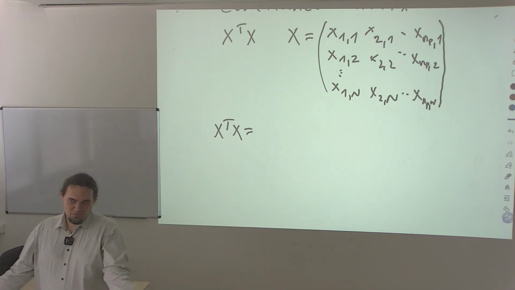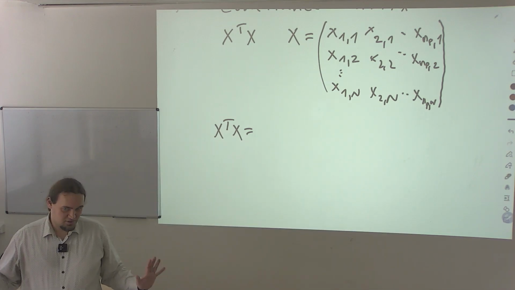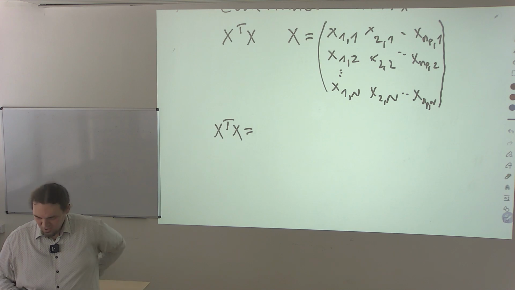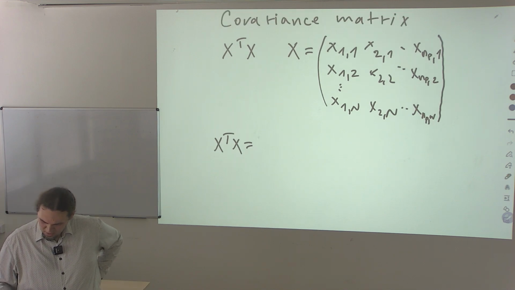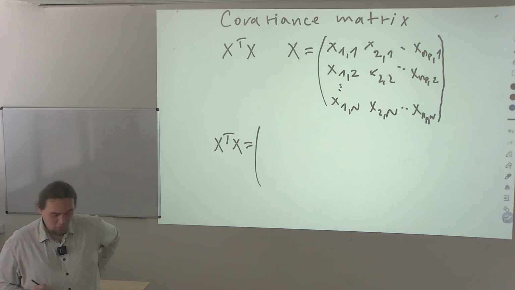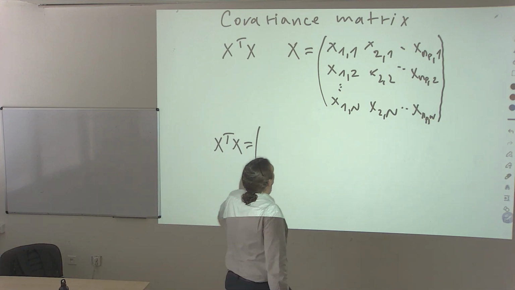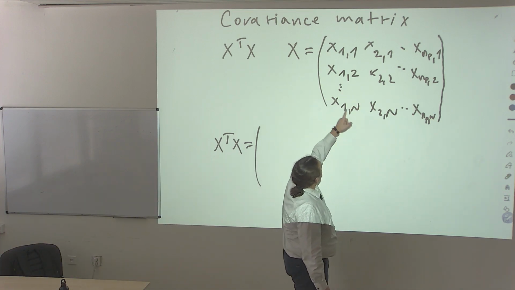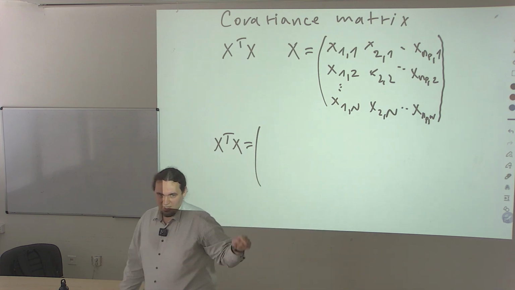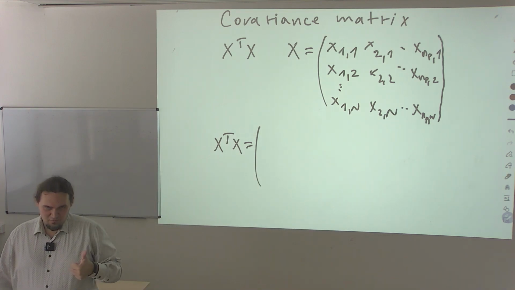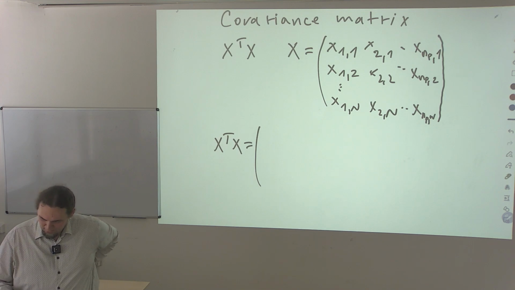If we do the transposition, they just exchange, right? So our first column will hold what was the first row, so it will hold information about each variable in the first experiment.